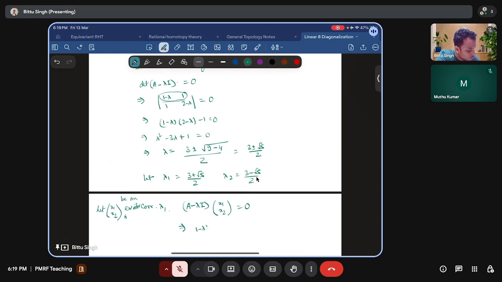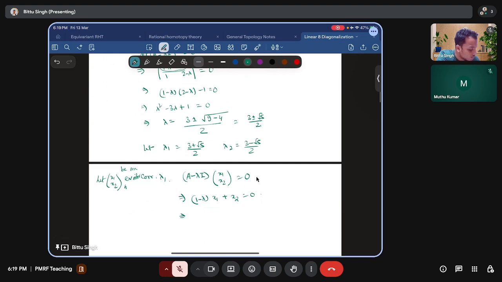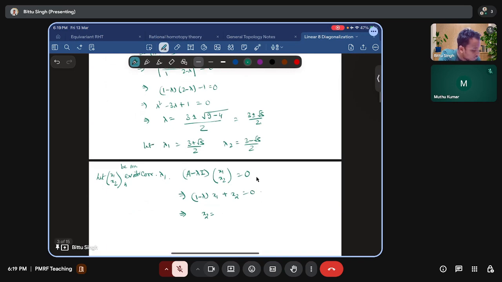That will give me (1 minus lambda) x1 plus 1 times x2, which is x2, equal to 0. From here we get x2 equal to (lambda minus 1) times x1.